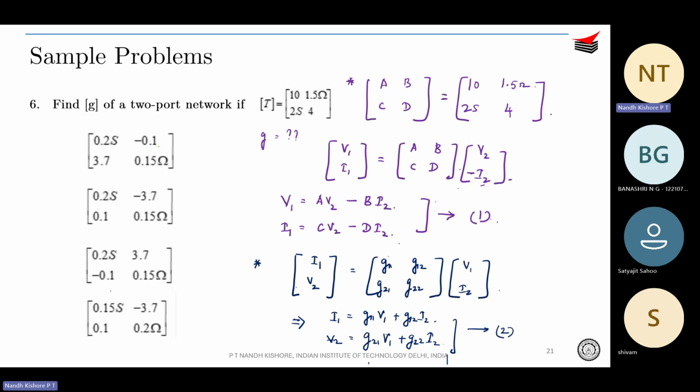You see over here, V1 is equal to AV2 minus BI2, I1 is equal to CV2 minus DI2, and similarly we have expressions for I1 and V2 in terms of G parameters.